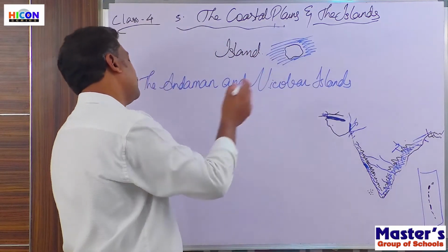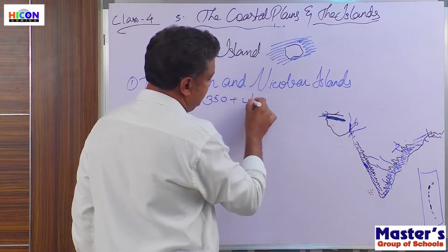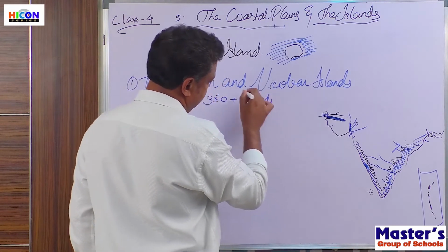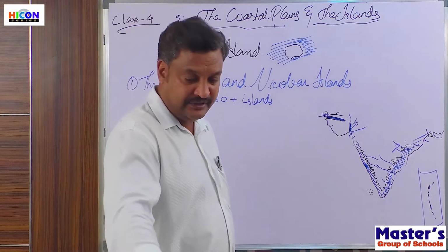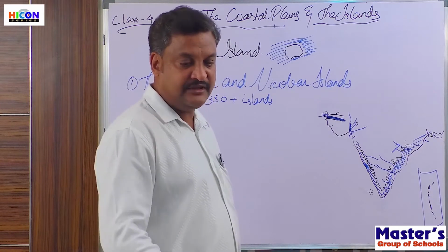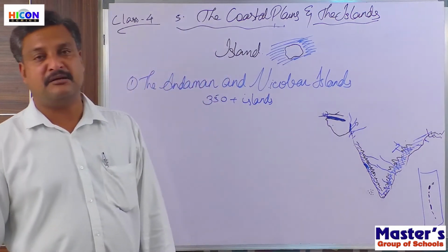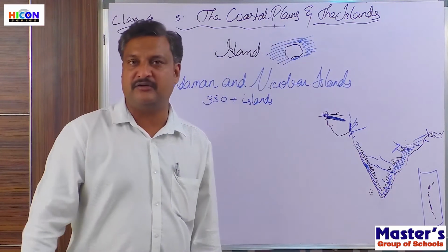It's actually a group of around 350 plus islands of different sizes. Some are big, some are small, some are very small, some are simply a huge rock kind of a thing.